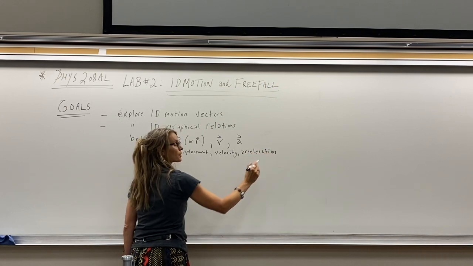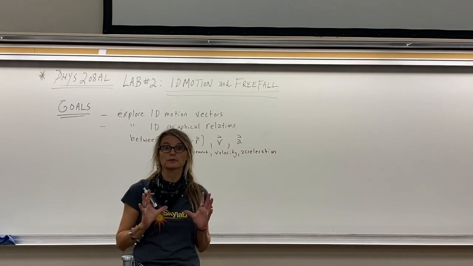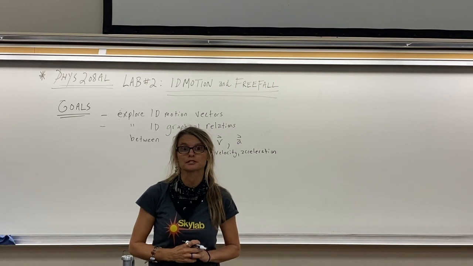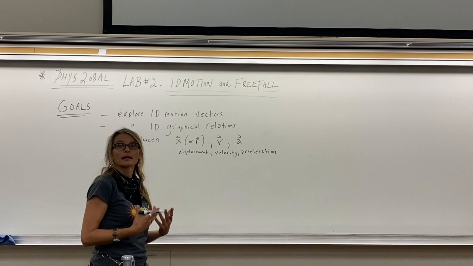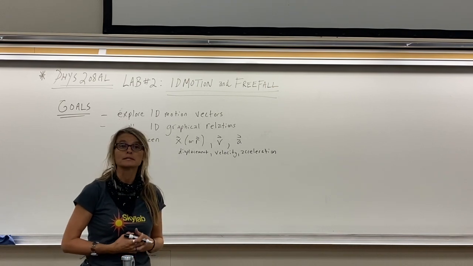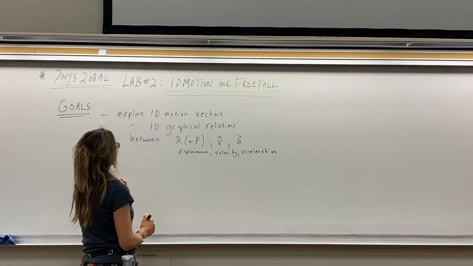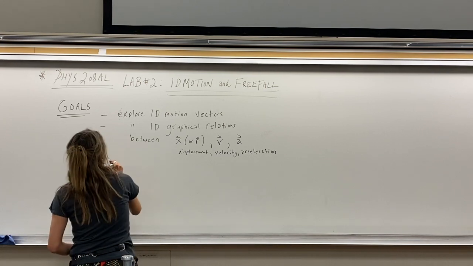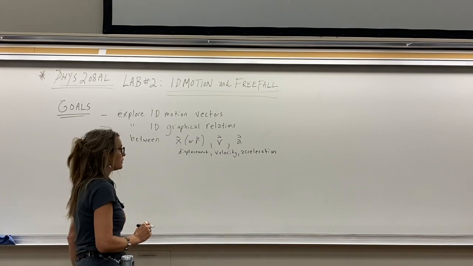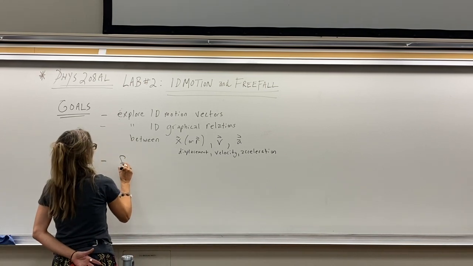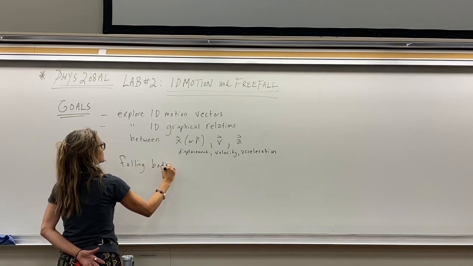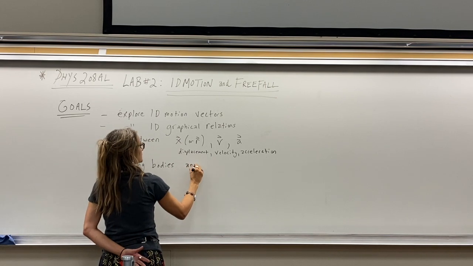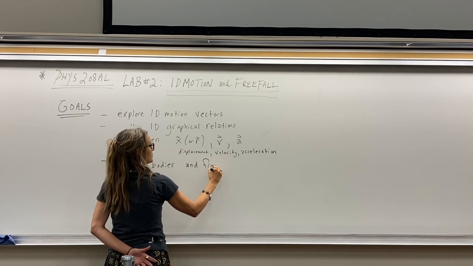So it's most important we have a strong handle on our definitions. We'll be using our definitions and then also using those definitions and applying them in the problem solving using kinematics. Okay, so we want to explore 1D graphical relations. We want to explore the cases of free fall, falling bodies, and free fall.